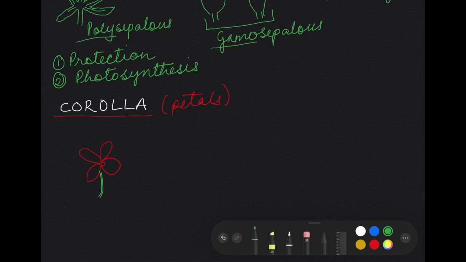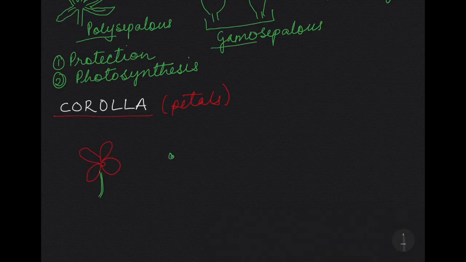Or sometimes they may be a double whorl, example poppy, or they may be arranged spirally, okay? Double whorl. Here you have double whorl. Another set of petals inside, or sometimes they may also be funnel shaped, tubular.